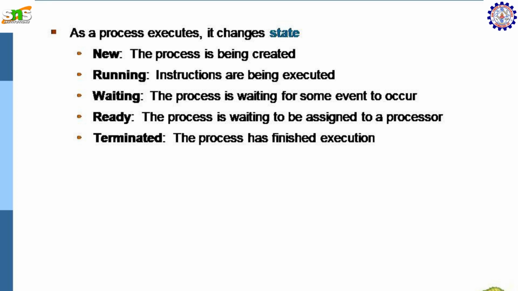If a process is waiting for some event to occur or an IO request, it goes to the waiting state. If the process is waiting to be assigned to a processor, it is in the ready state. If the process has finished execution, it moves to the terminated state. So these are the various states of a process.